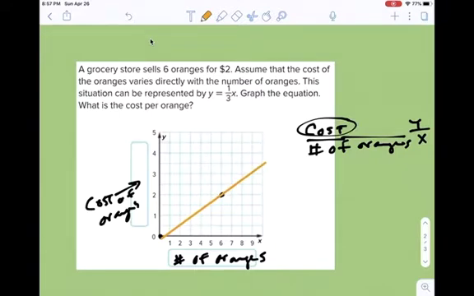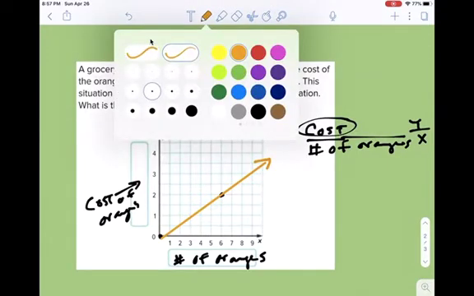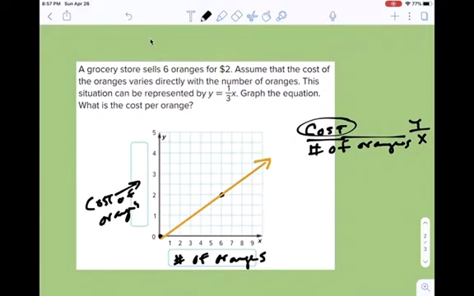We put an arrow at the end of it, and it says this situation can be represented by y equals 1/3 x. Graph the equation. What is the cost per orange? So 1/3 is our constant of variation, or our rate.